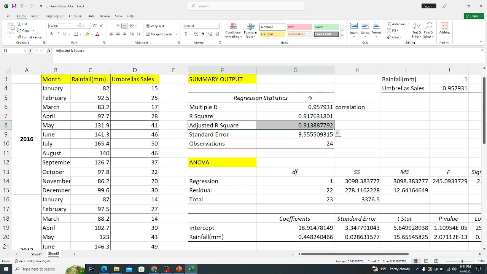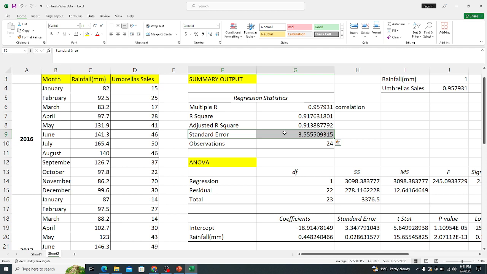Then we have standard error. You remember when I was talking about standard error, I said it is also useful, as it can help us know if our model is a good model. Any value closer to 0 means it's a good model.